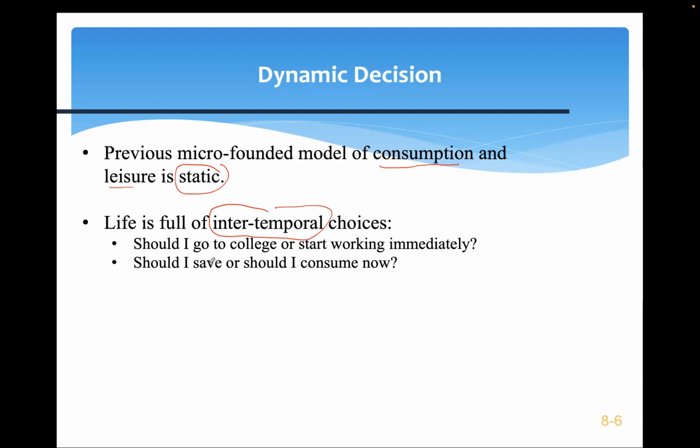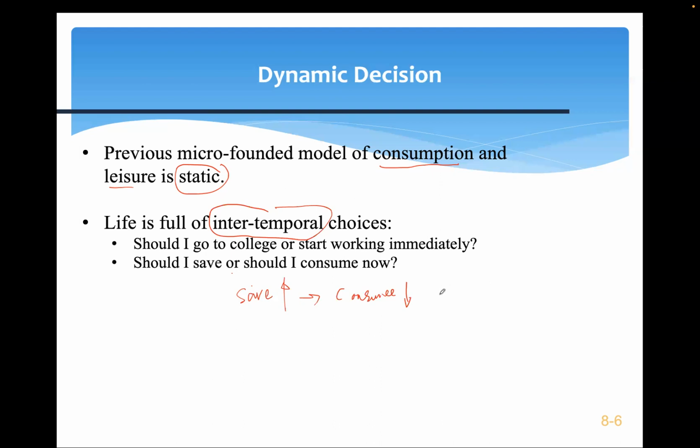Here are two examples. Should I go to college or start working immediately? Should I save or should I consume now? Let's start with the second one. If I save today, that's going to affect my consumption today. The more I save usually means the less I'm going to consume today.